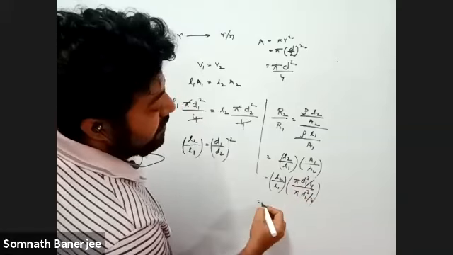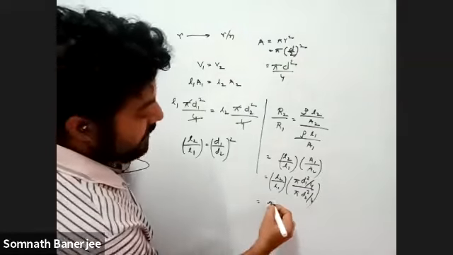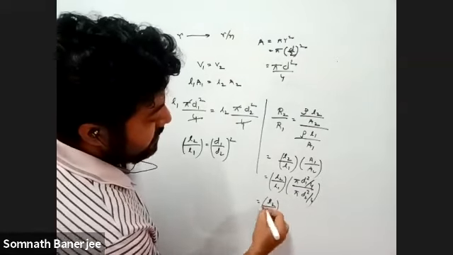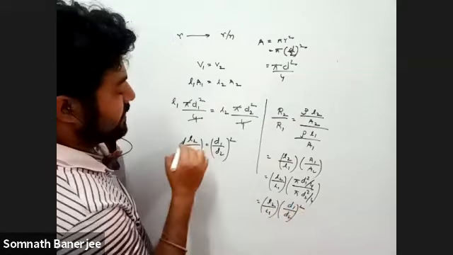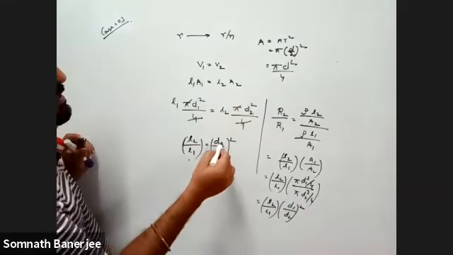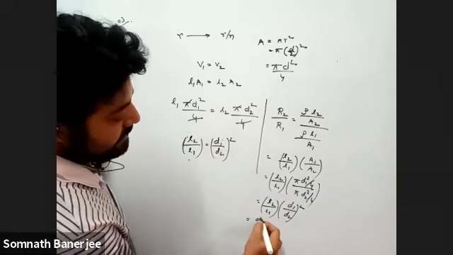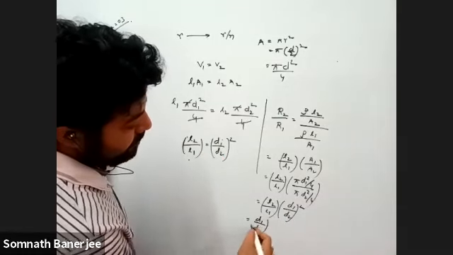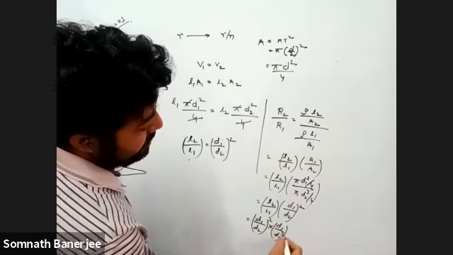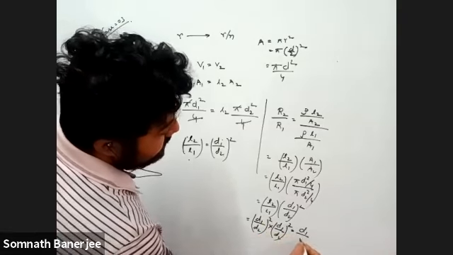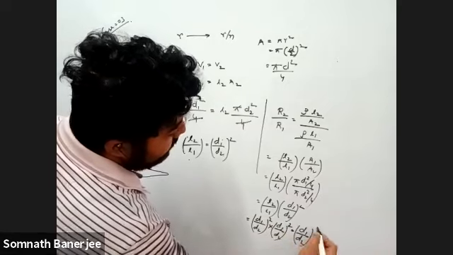Again pi and 4 cancel. So L2 by L1 is (D1 by D2) whole square, and from here L2 by L1 is also D1 by D2 whole square. So basically you have (D1 by D2) to the power 4.